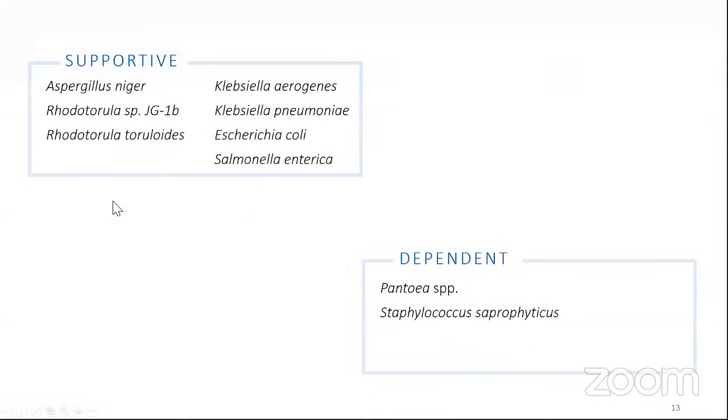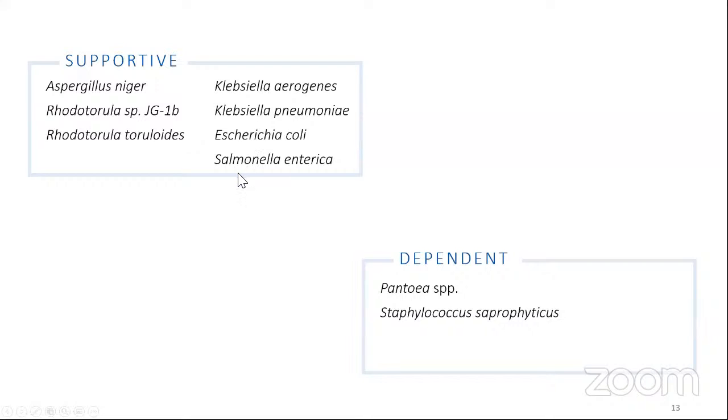Just to give you an idea of what we observed from all the other microbial association networks, in the interest of time, I will summarize it and say that some of the supportive species that we observed were the fungal species like Aspergillus and Rhodotorula, and also some of the Klebsiella, such as Klebsiella aerogenes and Klebsiella pneumoniae.